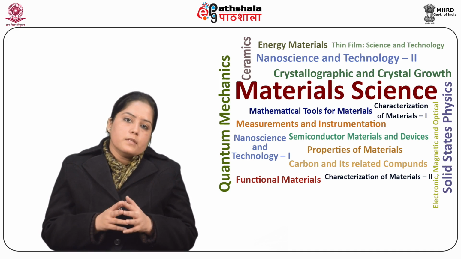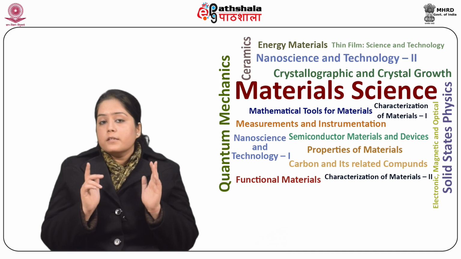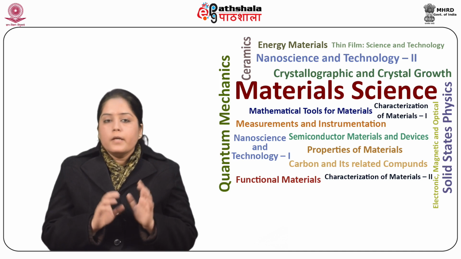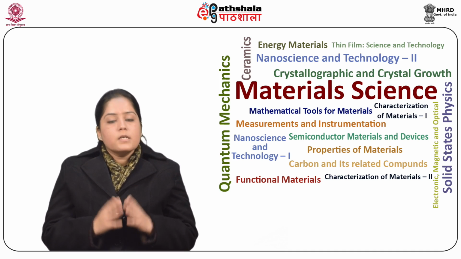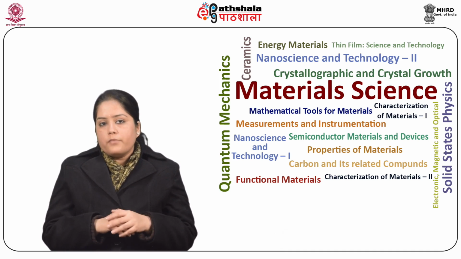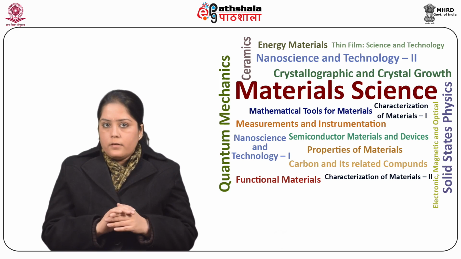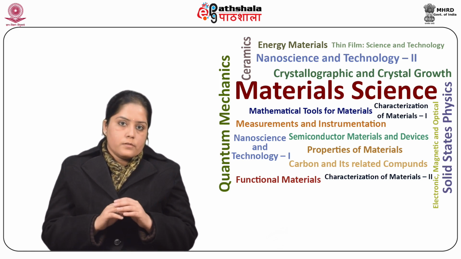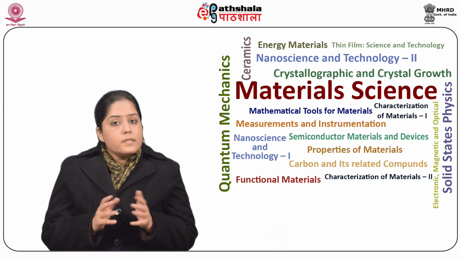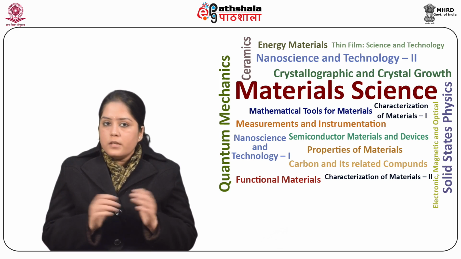So students, let us summarize what we have learned in this module. In this lecture, we have discussed several crystallographic structures, crystallographic planes, and crystallographic directions. These are very important to deal with the structural properties of nuclear materials.